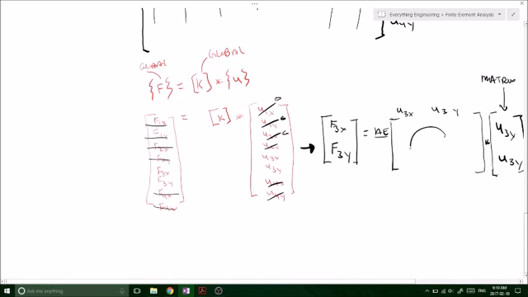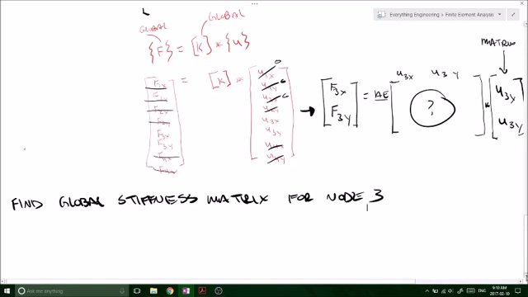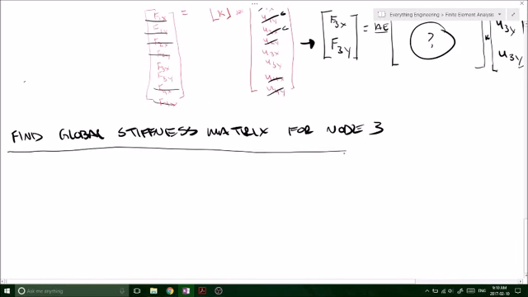Now, how do we fill this matrix up? We need to find the global stiffness matrix just at node 3. In order to do that, big K equals AE. Remember, like in the 1D problem, we were adding every component that has a 3x and a 3y.